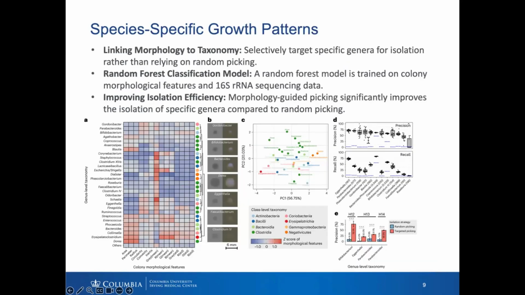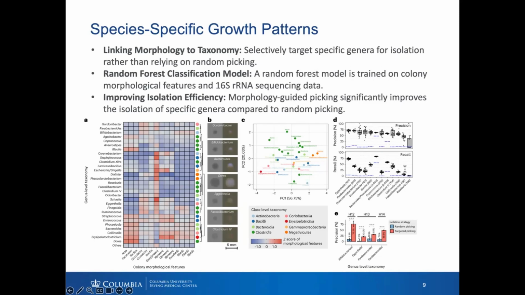And then we also have a number of species-specific growth patterns. So in addition to maximizing diversity, CAMI's colony morphology data also helps with targeted isolation of specific bacteria. CAMI links the visual appearance of a colony to its taxonomic identity using a random forest model. I talked about that already. So panel 3A shows how different bacterial genera exhibit distinct colony morphologies.